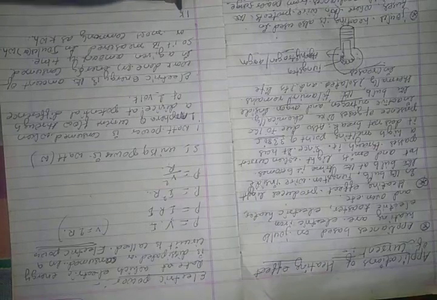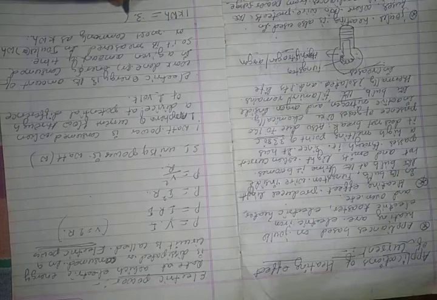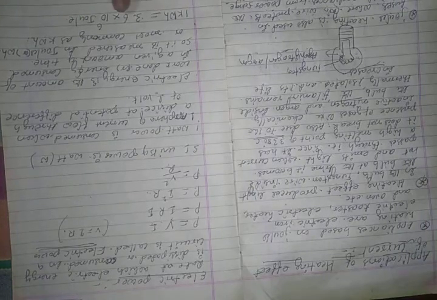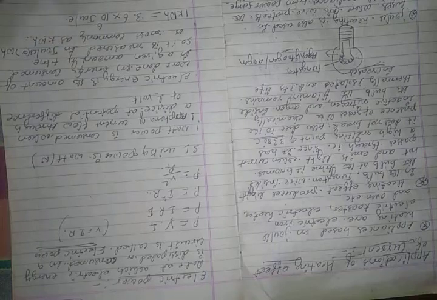Note: 1 kilowatt-hour is equal to 3.6 into 10 to the power of 6 joules.